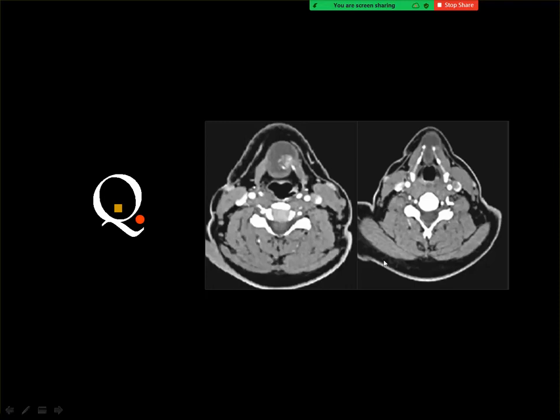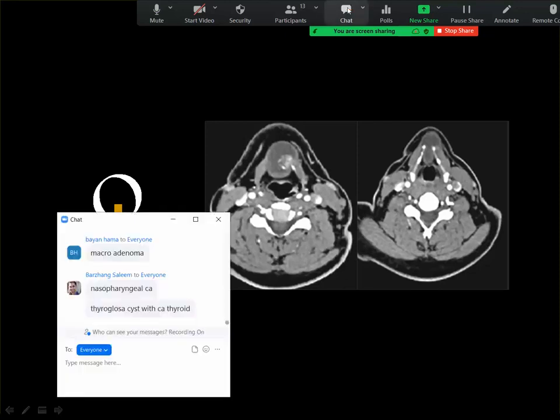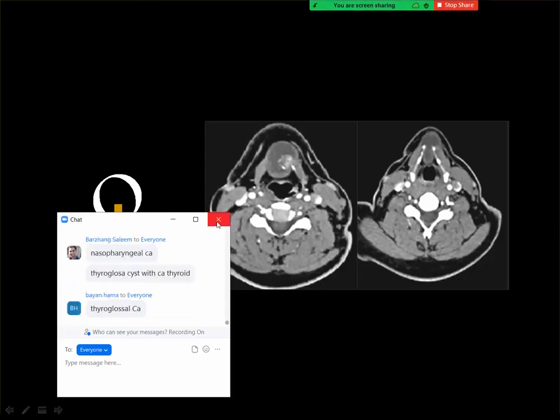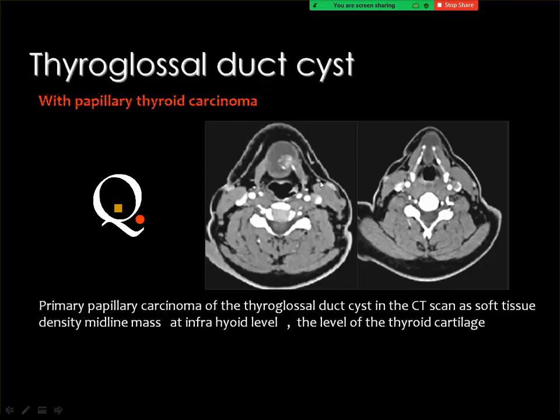CT of the neck at the level of the hyoid bone with intravenous contrast. Yes, and this is a thyroglossal duct cyst with carcinoma inside. Very good, good answer. This is a thyroglossal duct cyst, a midline cyst in the neck, which is diagnostic of thyroglossal duct cyst.